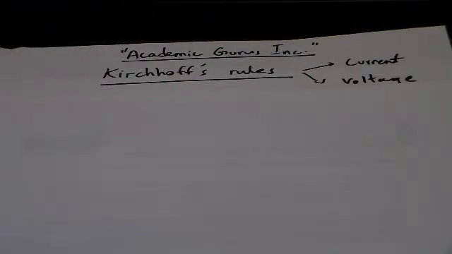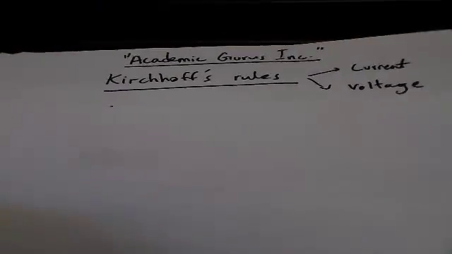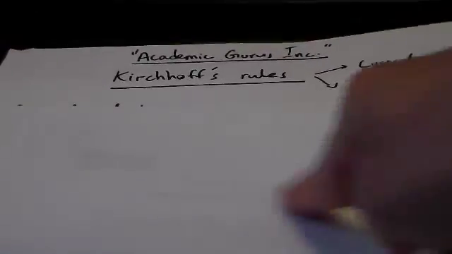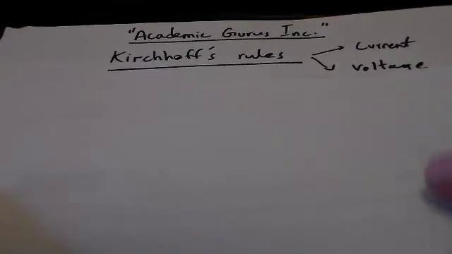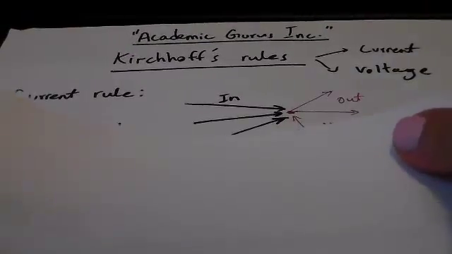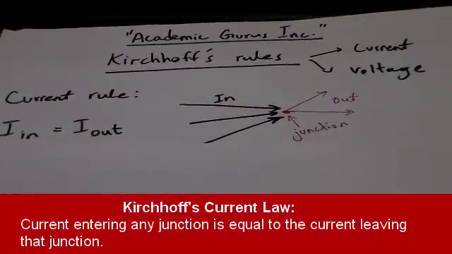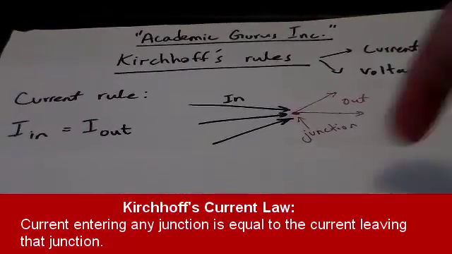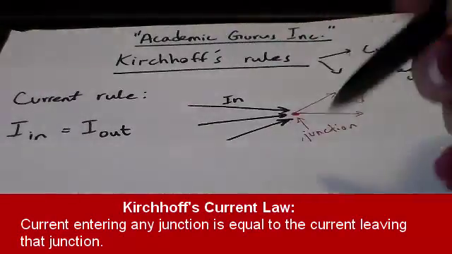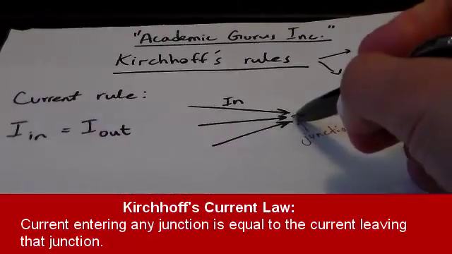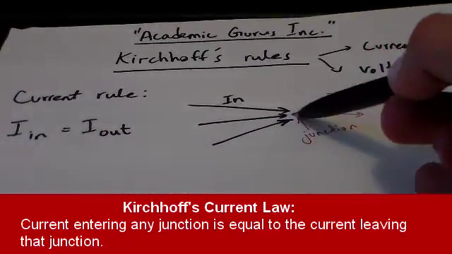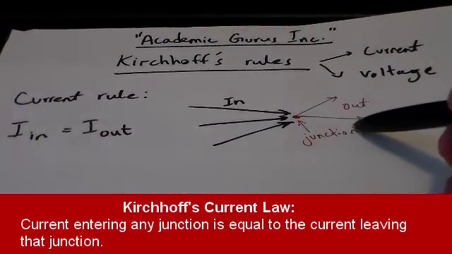So in a closed loop, with a current passing through it, the current rule says that the amount of current that gets into a junction point is equal to the amount of current that's coming out of it.